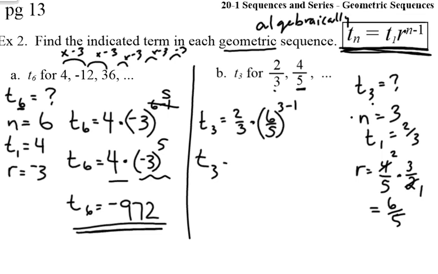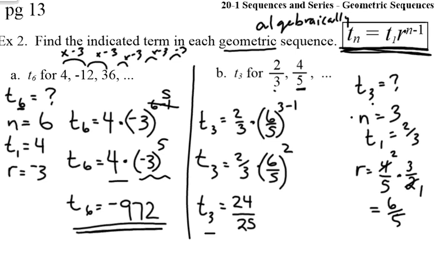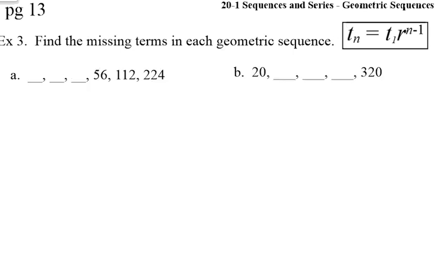Term 3 will be 2/3 times 6/5 squared, because 3 minus 1 is 2. And if I do that calculation, 6/5 squared is 36/25, times 2/3 gives us the third value being 24/25. There we go. So, still about using a formula and being able to work with it.